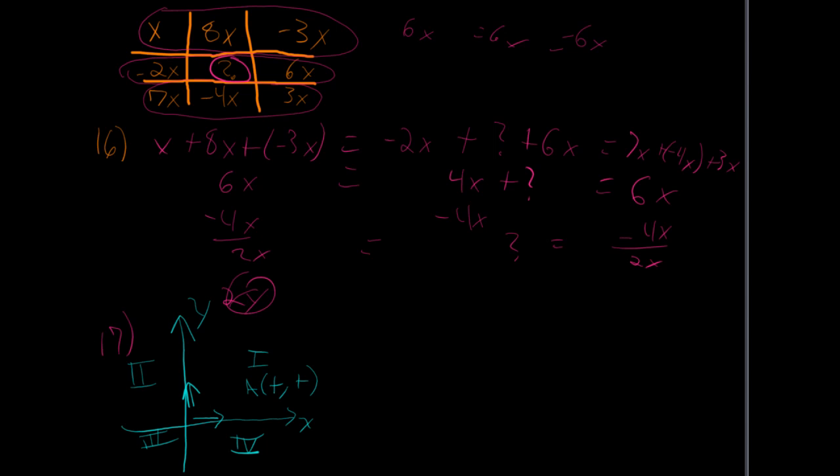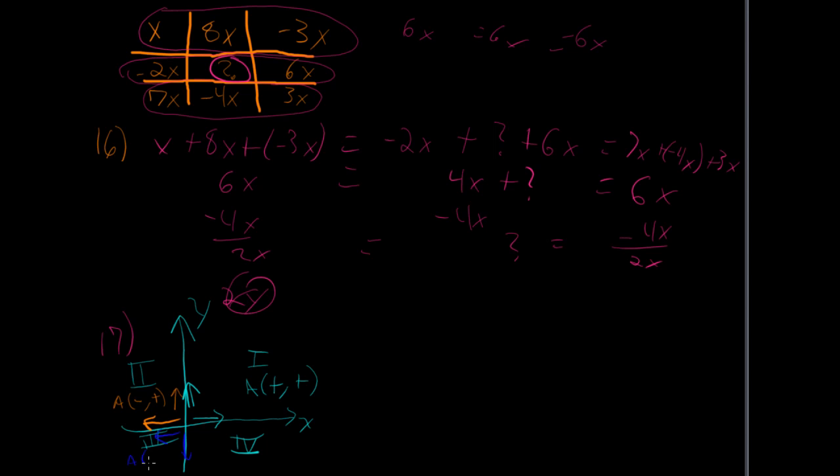In quadrant 2, we'll be going to the left in the x direction and positive in the y direction. So point A will have a negative x coordinate and a positive y coordinate. In quadrant 3, the y values will be going down and the x values will still be going to the left.